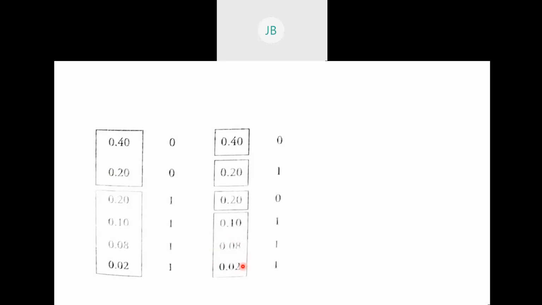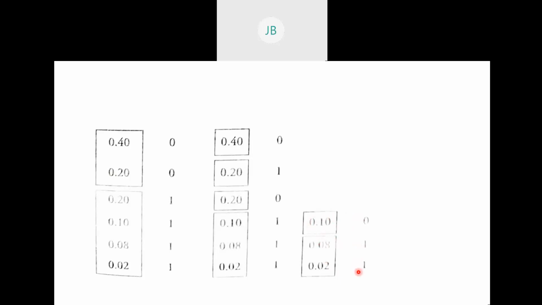So that's the equal division, so we will do that. Here the first element will have 0.1, and the second group also will have a total probability of 0.1. So the upper group is assigned a value of 0 and lower group is assigned a value of 1.